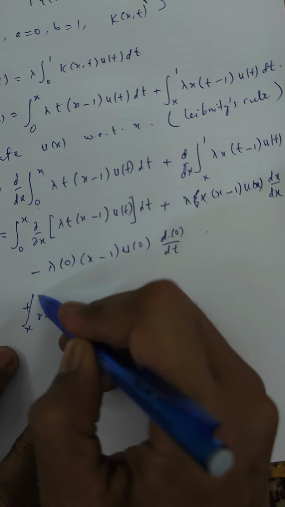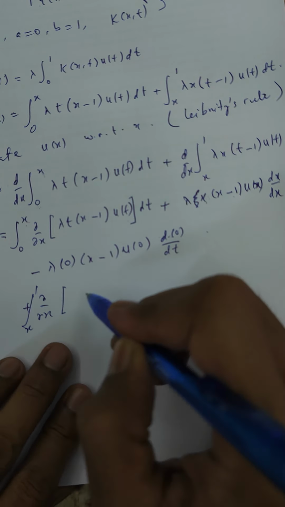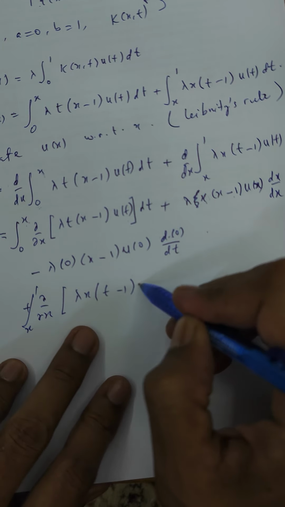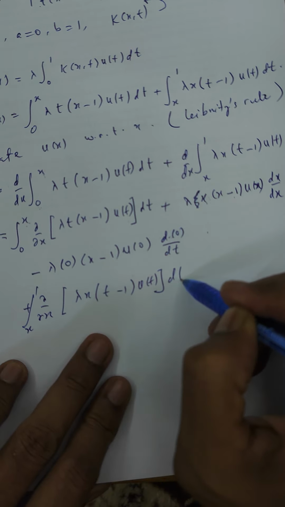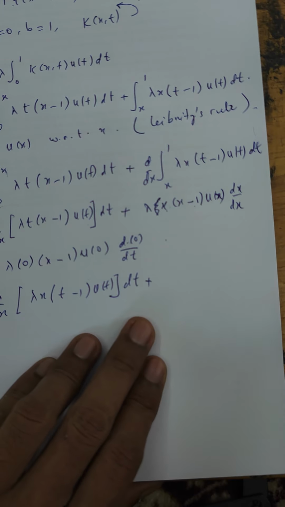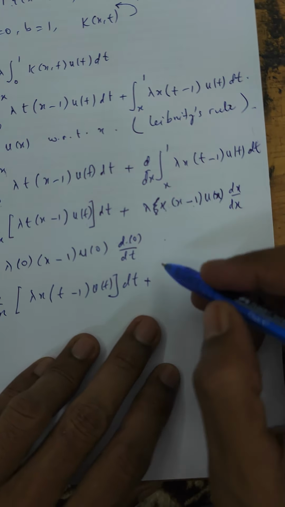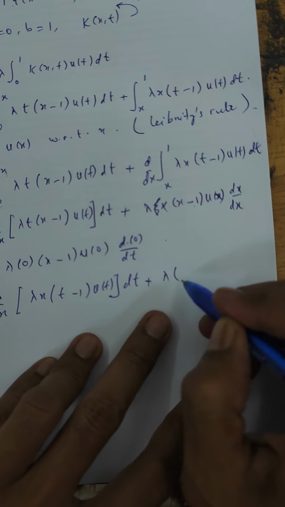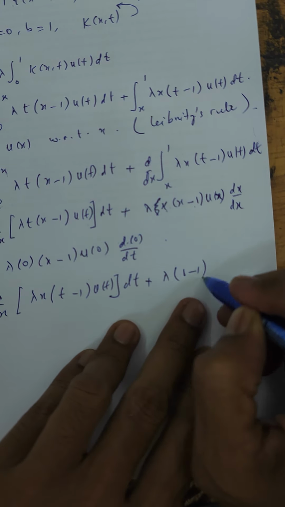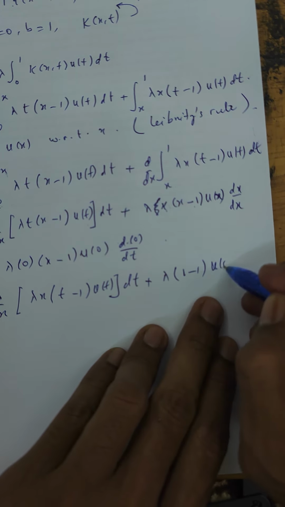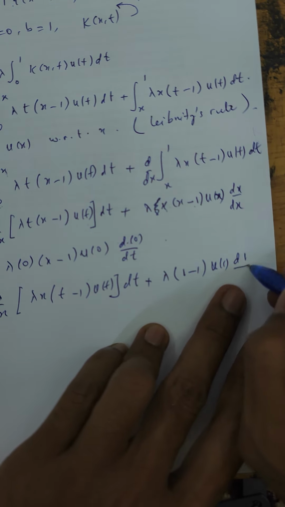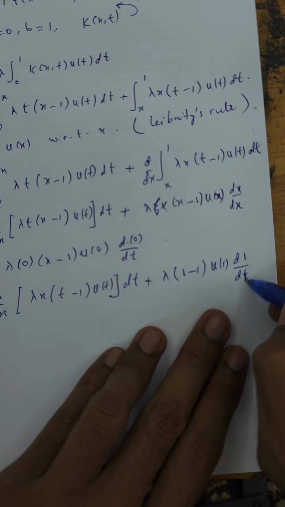So we have lambda x, t minus 1 u(t) dt plus, we have lambda x, 1 minus 1 u1, we evaluate that at the upper limit, 1 minus 1 u1, and then differentiate the upper limit with respect to x, d1/dx.